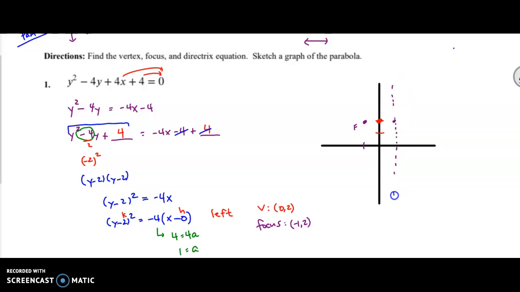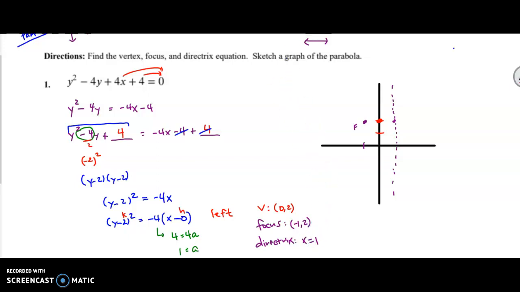As I said in class, the directrix is going to be a solid line. I'm drawing a dotted line, and I'm sorry, this is a terrible line, to try to make it more accurate. The other thing I want to remind you of is that the directrix is always going to be an equation. This is at 1, so x equals 1. You should not write just 1, you should be writing x equals 1.